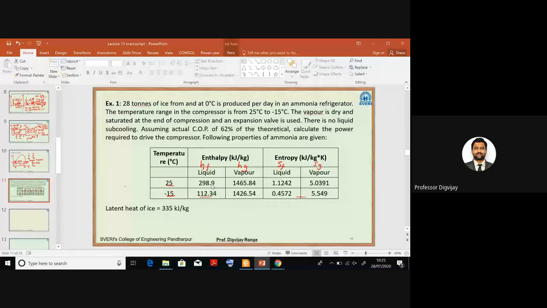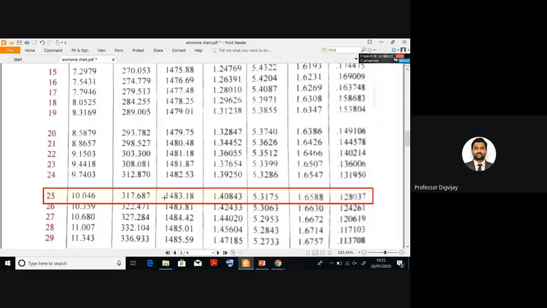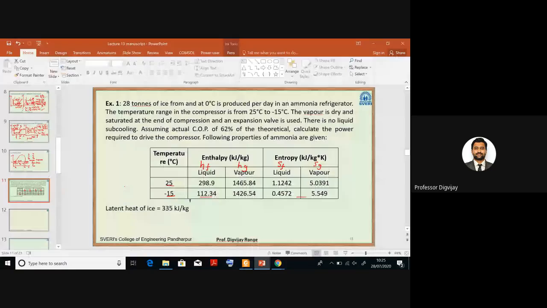So there is a difference. Again, Hg here is given as 1483.8, while there it is given as 1465.84. A slightly higher value is given here. Similarly, we can go for SF and Sg. So I think I have made my point: always depend on these refrigerant charts if you want exact calculation. So I'll go towards the solution.